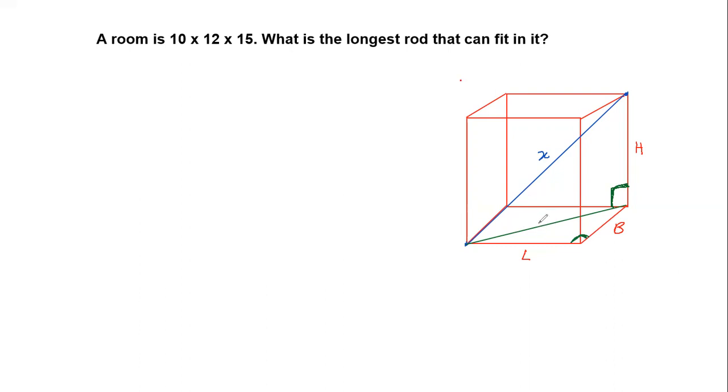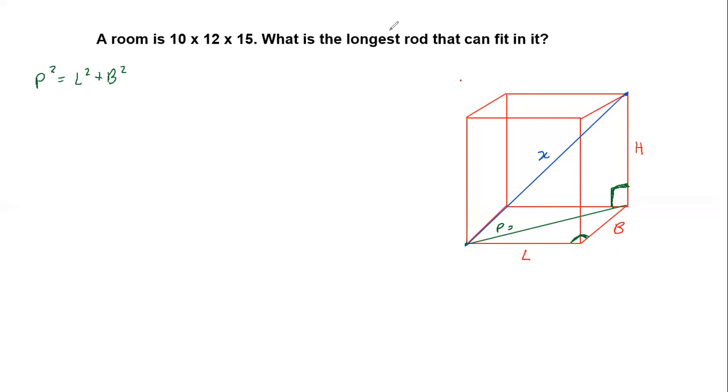And I can apply the Pythagoras theorem. Let's say this dimension is P, suppose. So what will be this P? By Pythagoras theorem, P square is equal to L square plus B square, right? I'm just talking about the triangle which is lying on the floor.